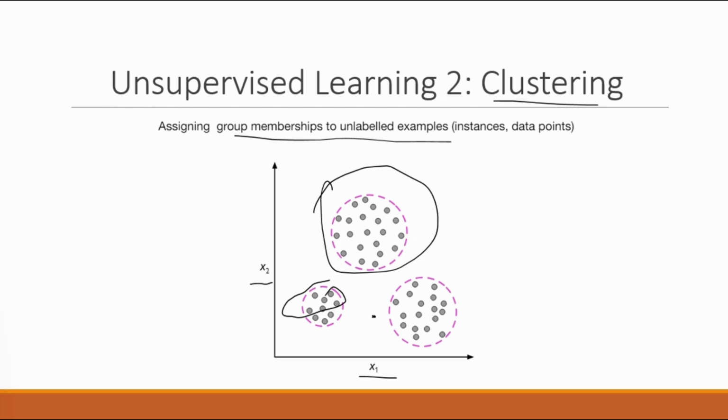Here it's kind of obvious what belongs to a cluster. In real life, however, cluster boundaries are sometimes not so clear. It's also usually high dimensional. So usually clustering is about finding group memberships. But here the difference again to classification is that we don't know the true labels.